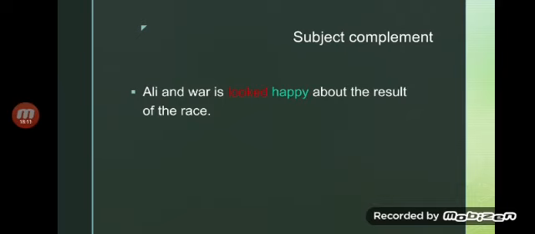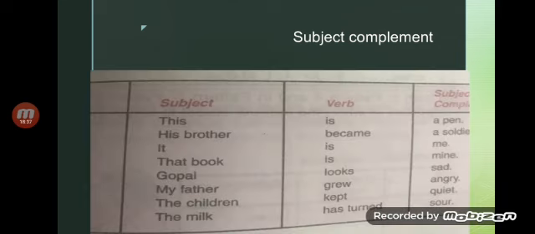Can you write down: the teacher is happy, they were politicians, they look tired, right? We are worried. Our house is a palace to us. So these are the different examples that you must write. On the other hand, there are further examples for you for the subject complement.